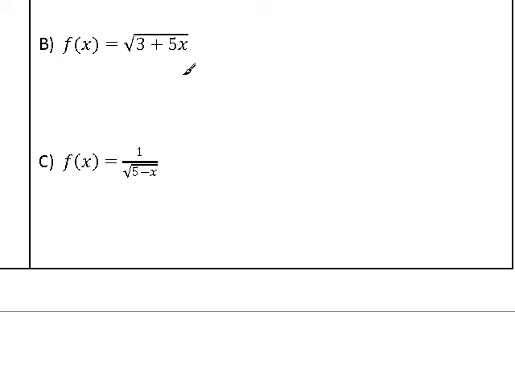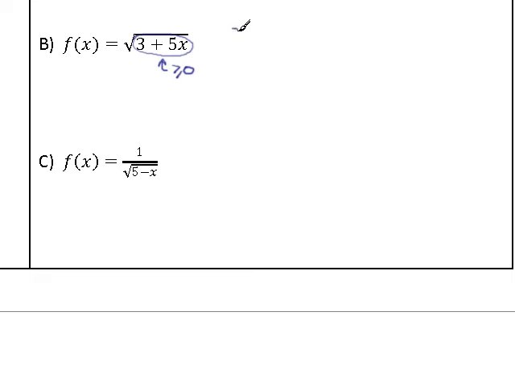All right, now in B we don't have a rational function. We have a function that contains a square root. And we know that the square root of a negative number is not a real number. So we want to only take the square root of numbers that are greater than or equal to 0. So we're only going to use x values that give us an expression here such that 3 plus 5x is greater than or equal to 0.